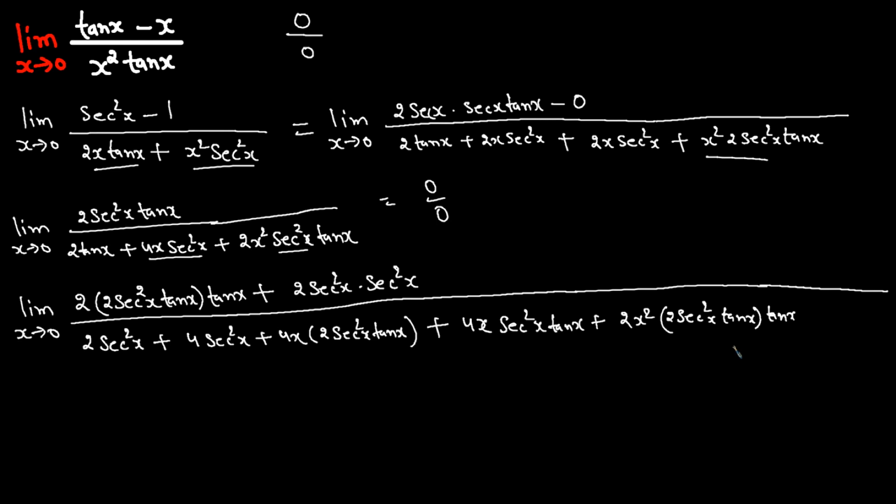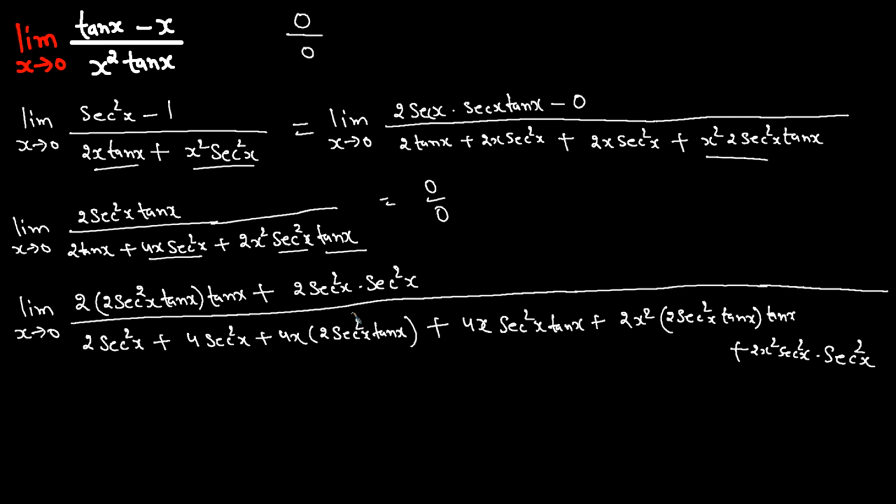I'm going to write it over here, plus, now I'm going to write these two as they are, 2x square secant square x, and we need to write the derivative of tangent x, which is secant square x. Okay, so this and this give me the derivative of this part.